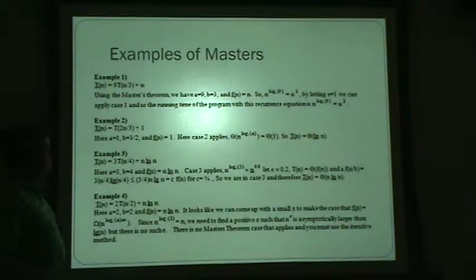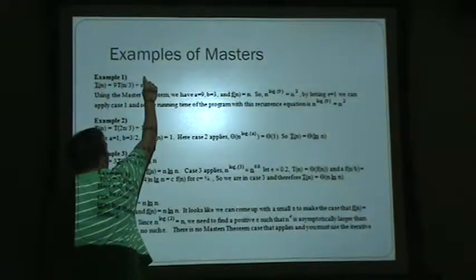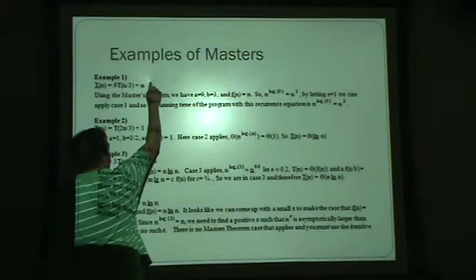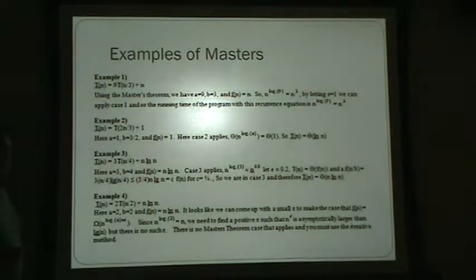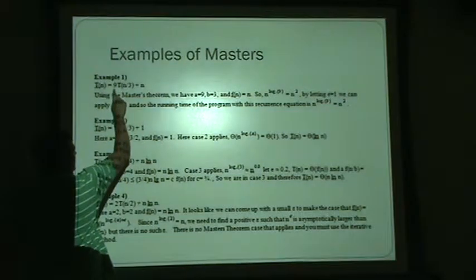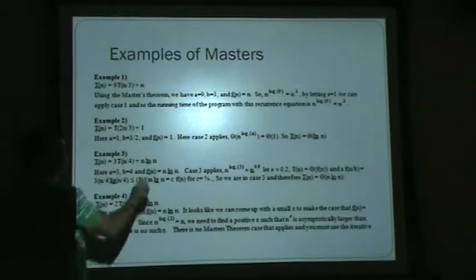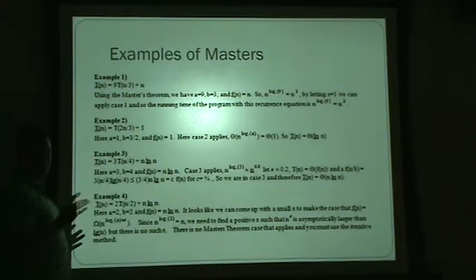Okay. So, for example, if this was n squared, then what would happen? Log base b of a would have been a 2, and it would have perfectly matched this thing. This would have been an n squared. So in that case, we'd be in case 2.